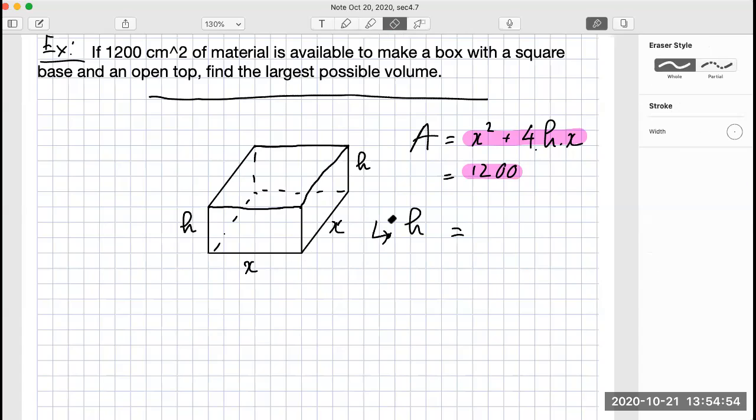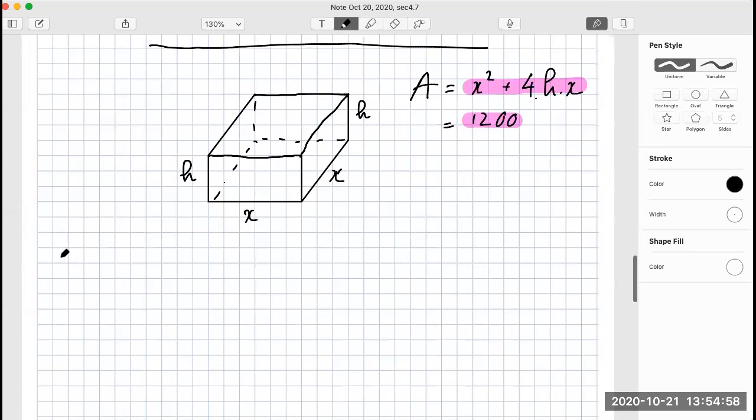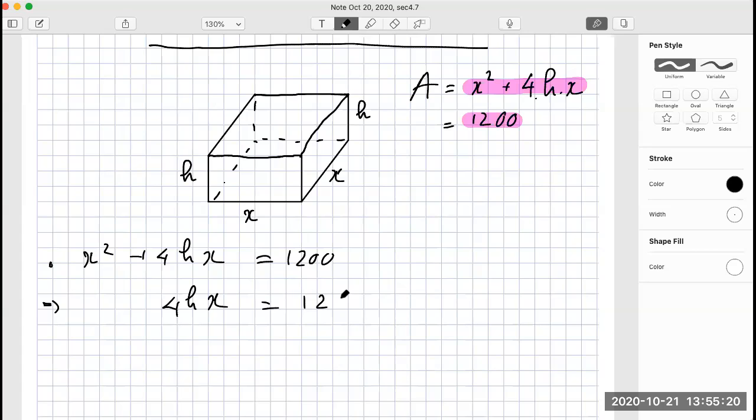So let us write it slowly. Here, x squared plus 4hx is 1200, right? How can we write h in terms of x? Very good.